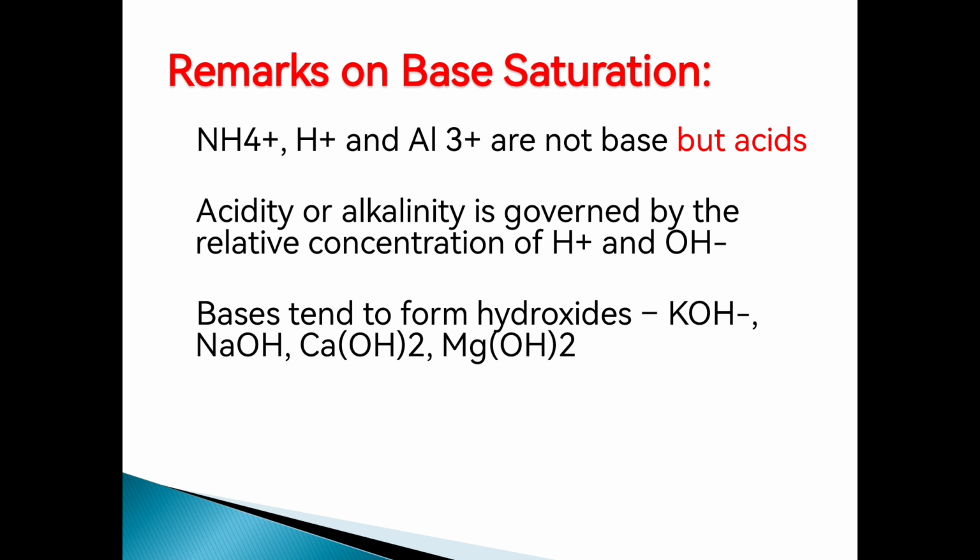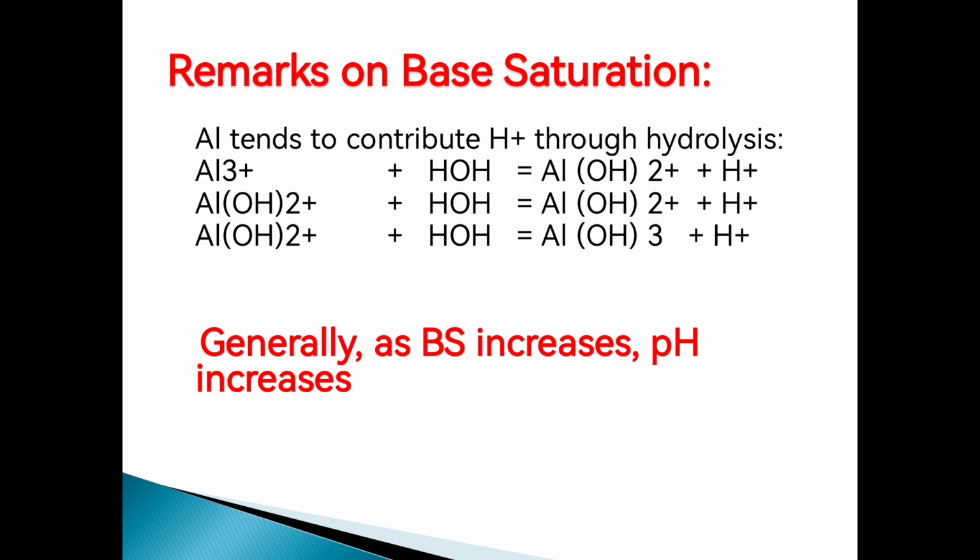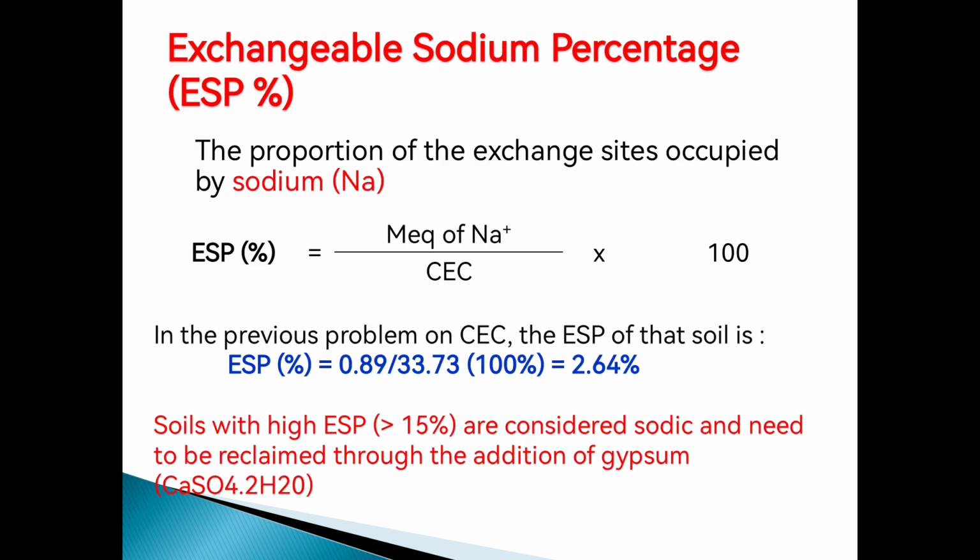The acidity or alkalinity is governed by the relative concentration of hydrogen and hydroxyl, and the bases tend to form hydroxides: potassium hydroxide, sodium hydroxide, calcium hydroxide, and magnesium hydroxide. And aluminum tends to contribute hydrogen through hydrolysis. So generally, as base saturation increases, pH also increases.